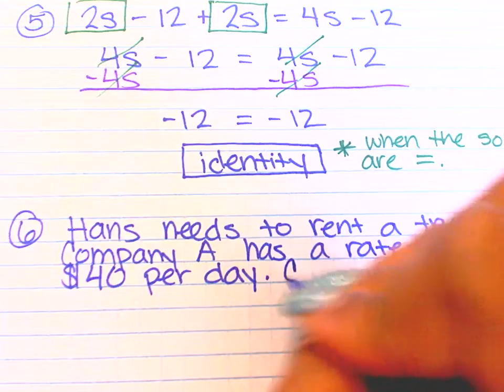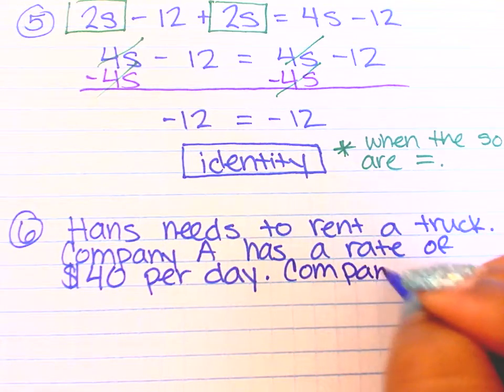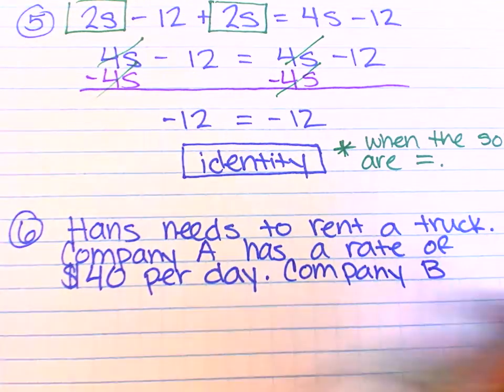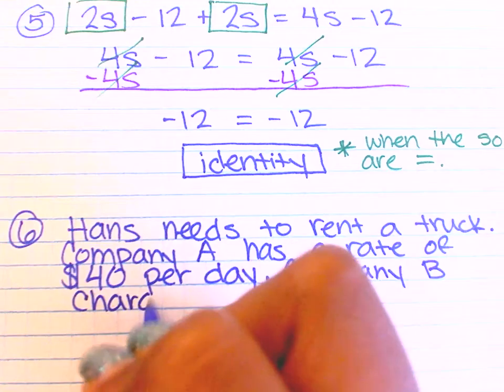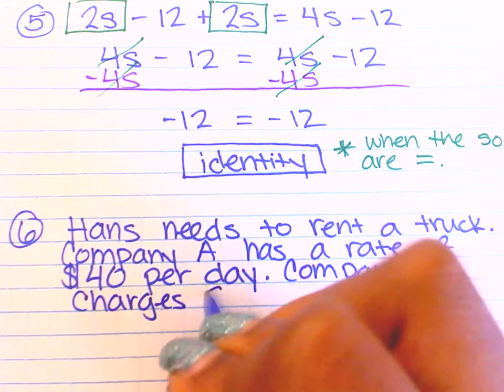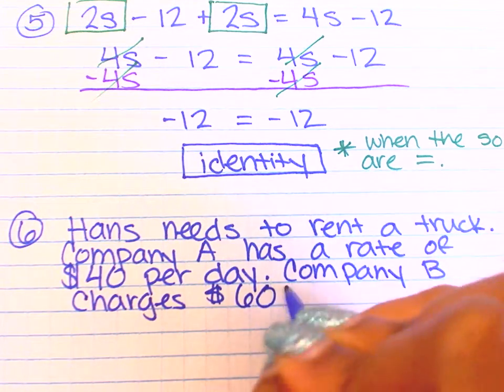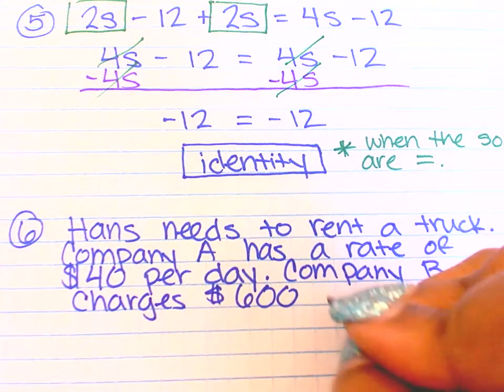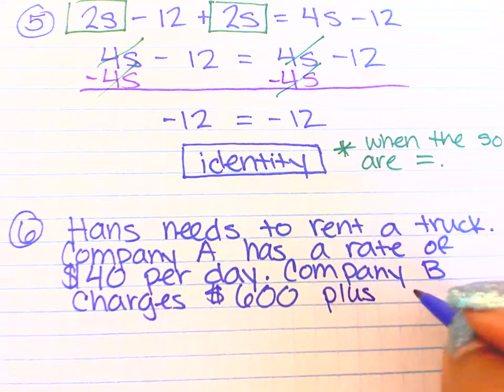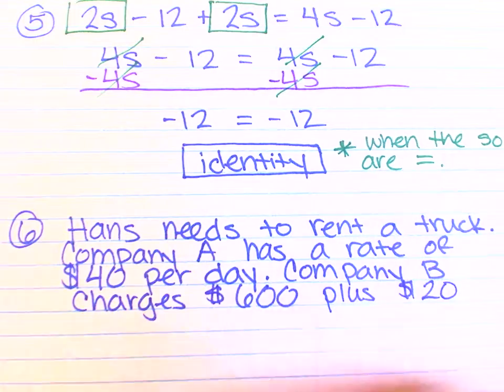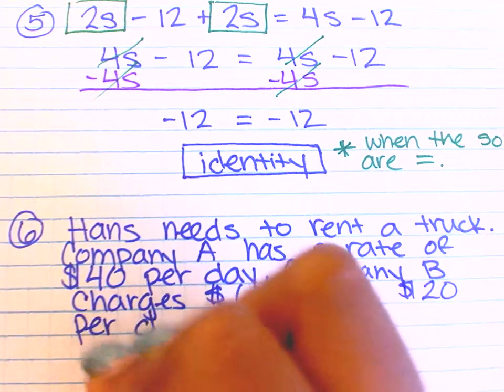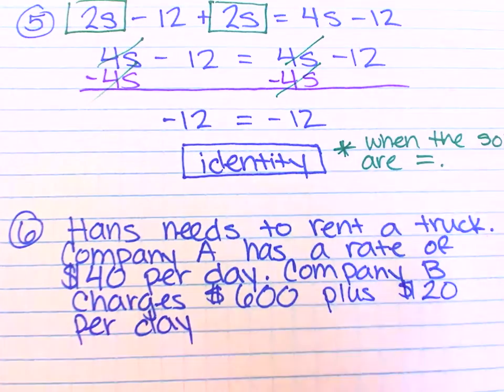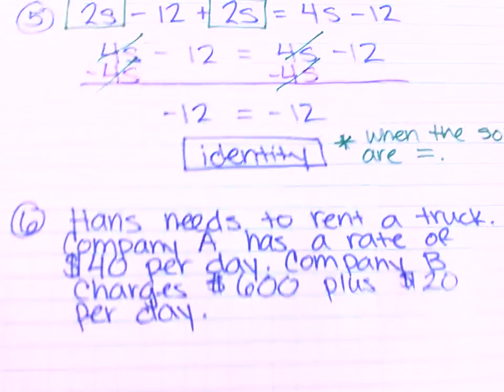But Company B charges $600 plus $20 per day. Let's think about it. $600 plus $20 a day.